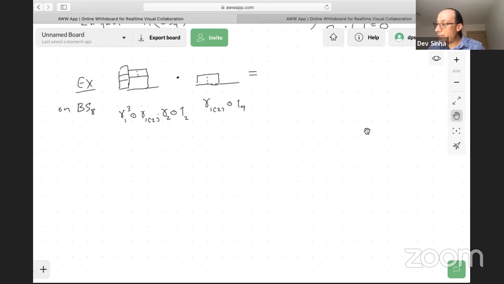And what do we get? Well, one thing that can happen is, sure, the 2 block can now stack on top of the other 2 block. So this is gamma 1 cubed, transfer gamma 2, gamma 1 divided power 2 squared, transfer 1, 2.